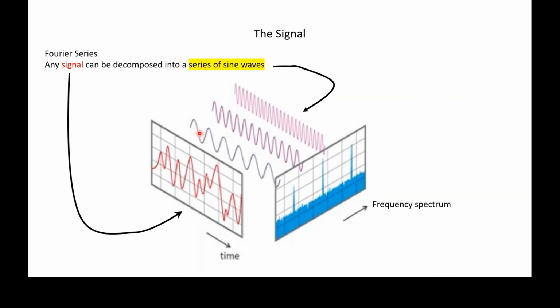It is made up of a series of sine waves, and we've shown them here. And what you can do is to look and see, of those sine waves, what frequency are they at, and how big are they? And that gives you the frequency spectrum of the signal.